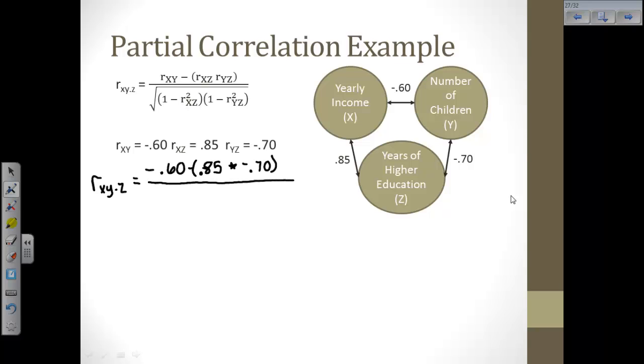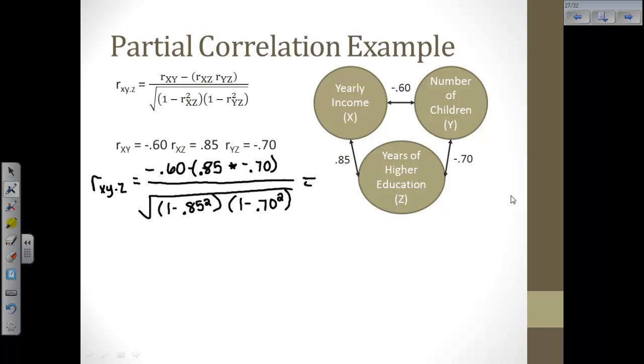Divide that by the square root of 1 minus R squared XZ, so RXZ is 0.85, I'm going to square that. And then 1 minus RYZ squared, RYZ is 0.70 squared. I'm not even going to put the negative there because I know that a negative times a negative becomes a positive, so the negative will disappear anyway.